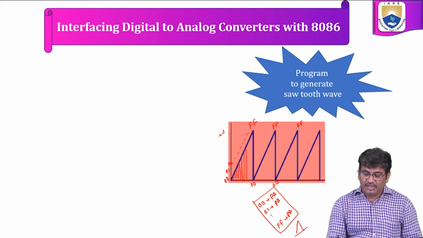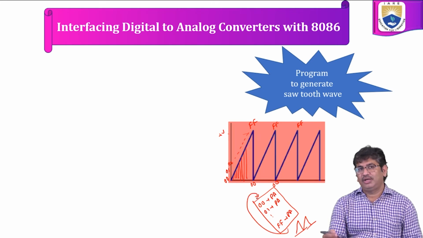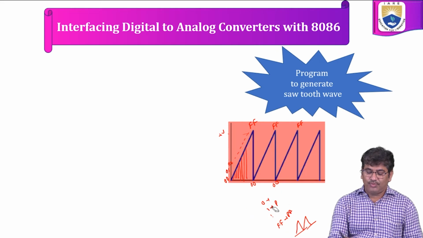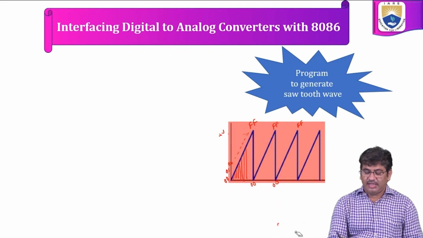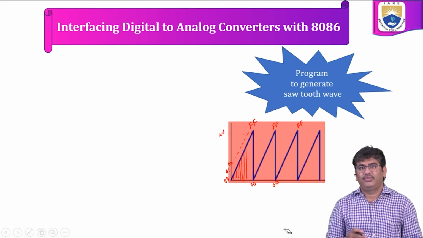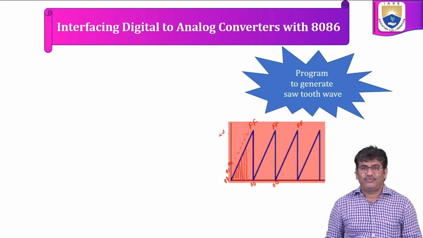If I want to get a sawtooth wave repeatedly, the same values are passed repeatedly, so that you generate a sequence of pulses which you can take as a sawtooth wave. If it is a ramp, a single iteration is enough. For generation of a sawtooth waveform, we have to run the program multiple times.